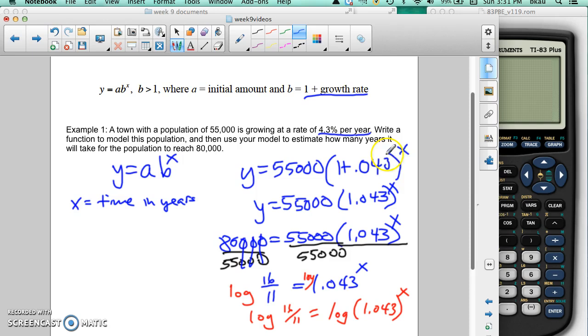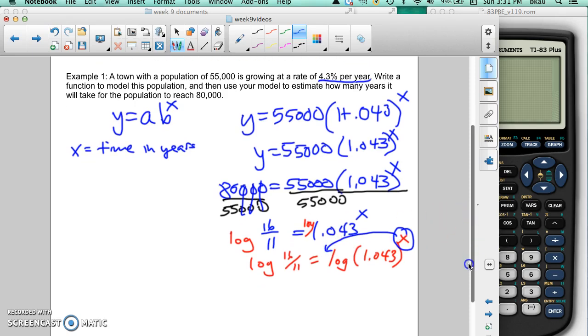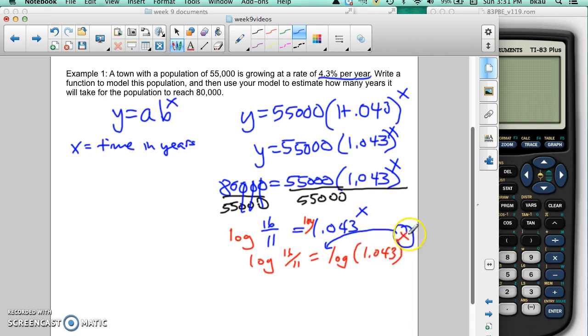Now, since I've applied that logarithm, I can then move this exponent in front by that property that says a log with any exponent, the exponent can be moved down in front. So this is going to be X times log 1.043 equals log 16 over 11.